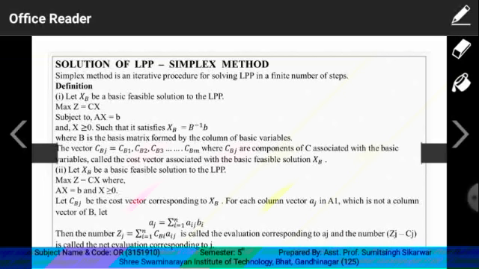Now let us assume vector CBj, which equals CB1, CB2 up to CBm, where CBj are the components of C associated with the basic variable, which is called a cost vector, which is associated to a feasible solution XB.